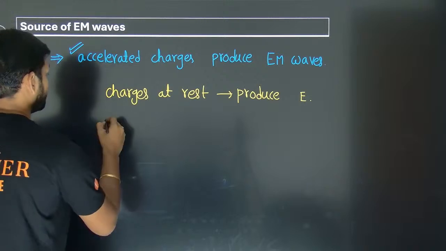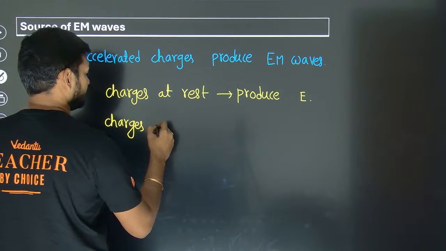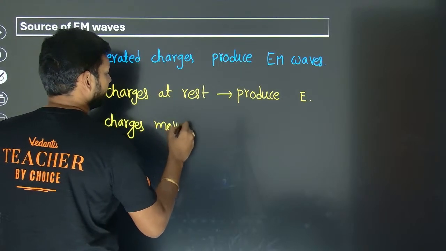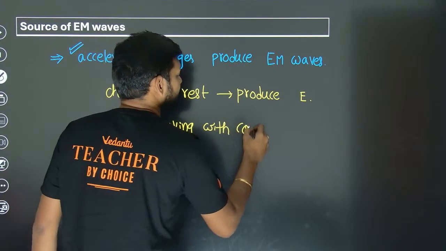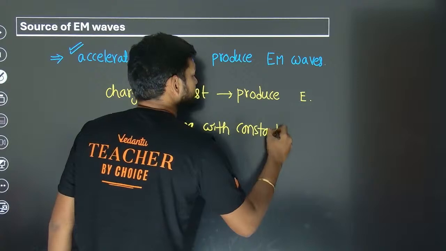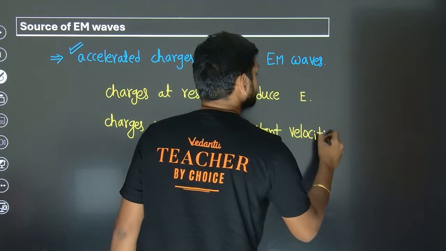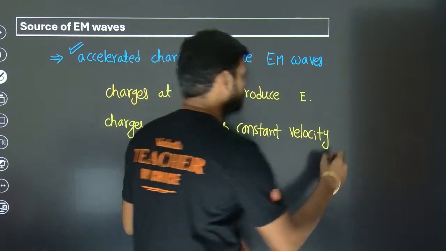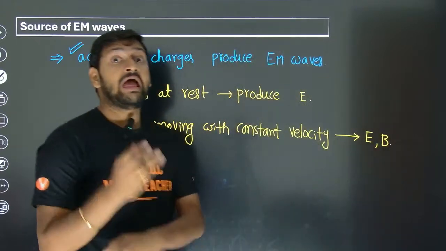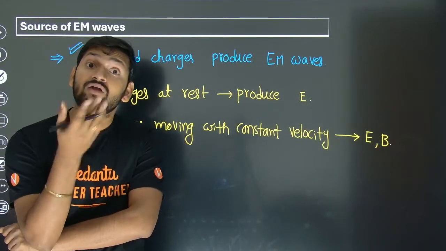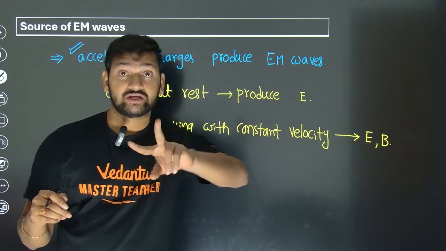Now, if you talk about charges moving with constant velocity, they produce electric field as well as magnetic field, but that magnetic field will not change with time. So we need to have varying magnetic field.